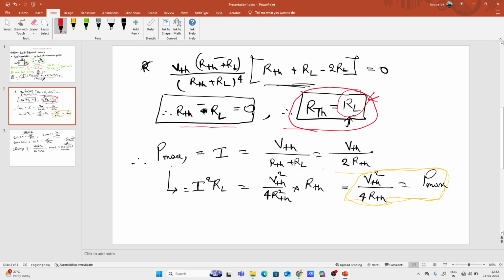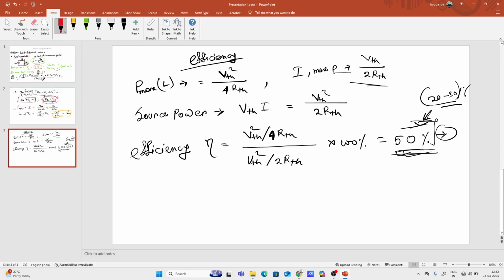Okay, so Pmax we can calculate just by putting the value of RL as RTH. It will come as VTH square by 4 RTH. Now we'll calculate the efficiency here.